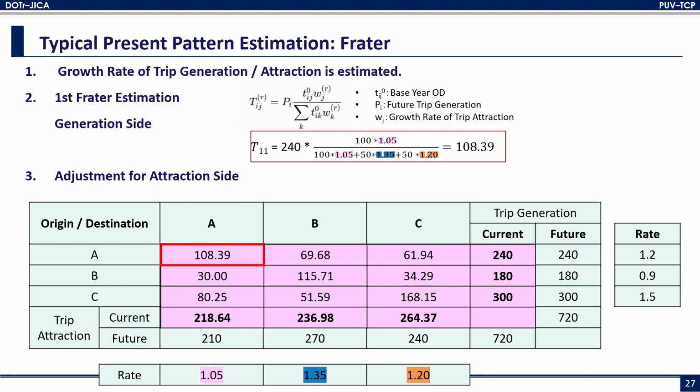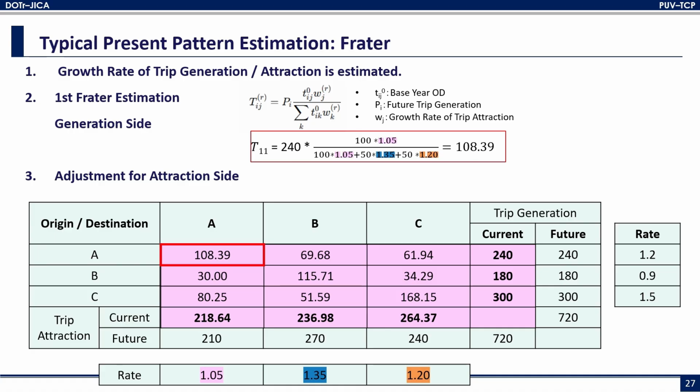On the other hand, the future trip attractions can be estimated as 218.64. It doesn't match the 210, the given future trip attractions.